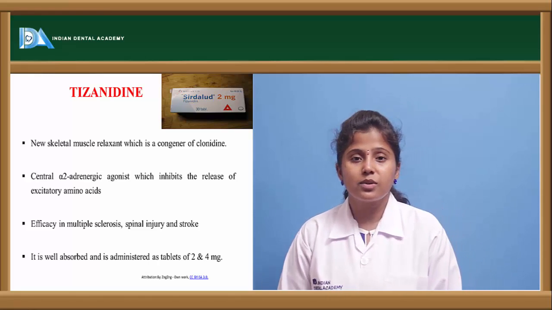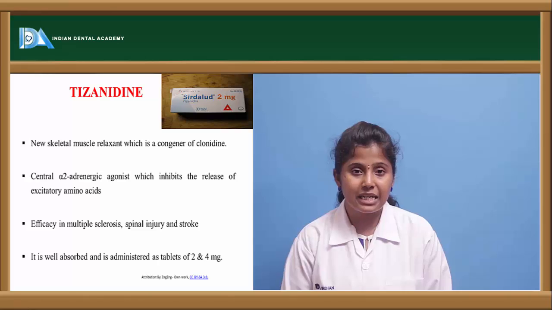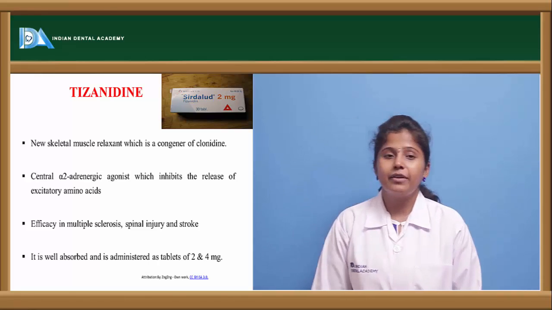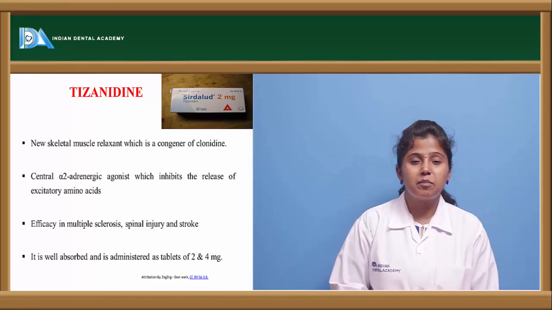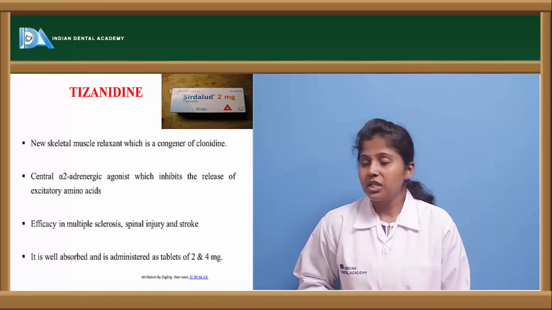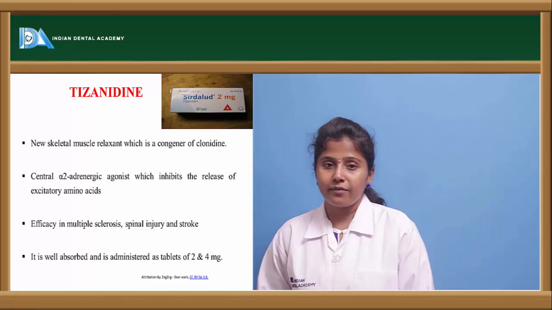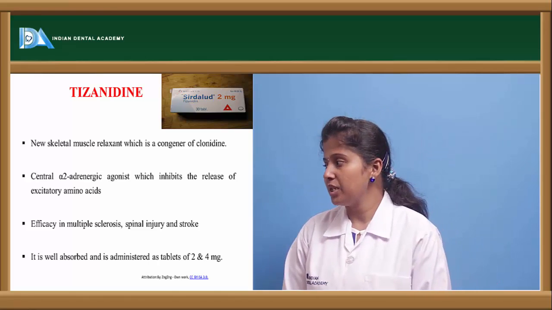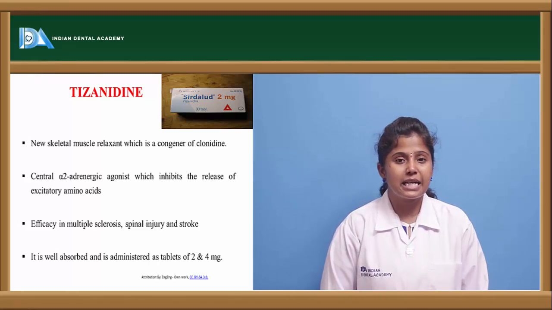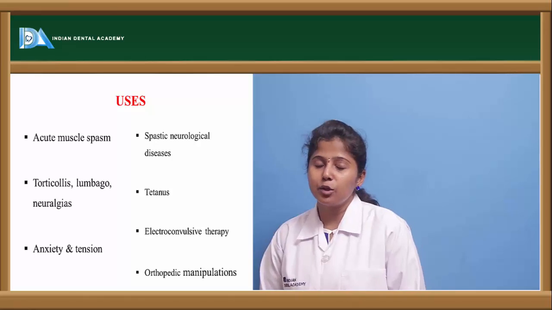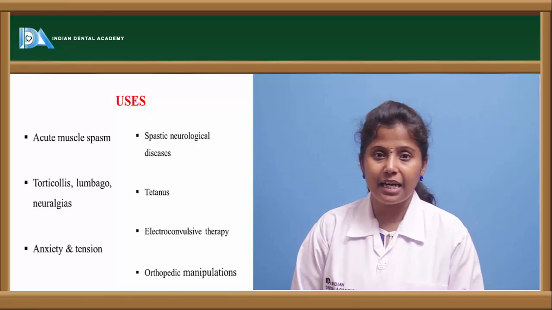So amino acids which are responsible for the excitatory reaction can be inhibited by this drug, and it can be used in multiple sclerosis, spinal injury and stroke. It is well absorbed when given orally, and it is administered in the form of tablets at the dose of 2 to 4 mg.